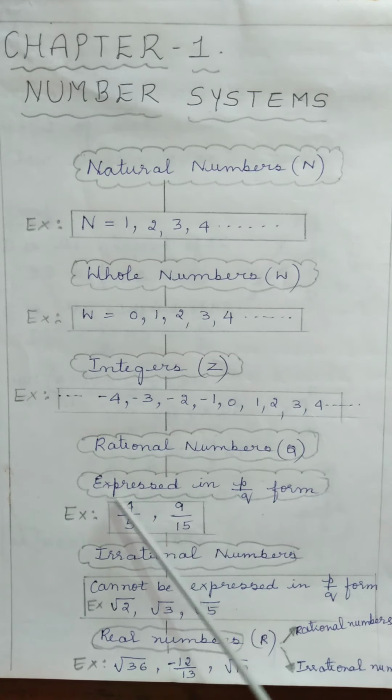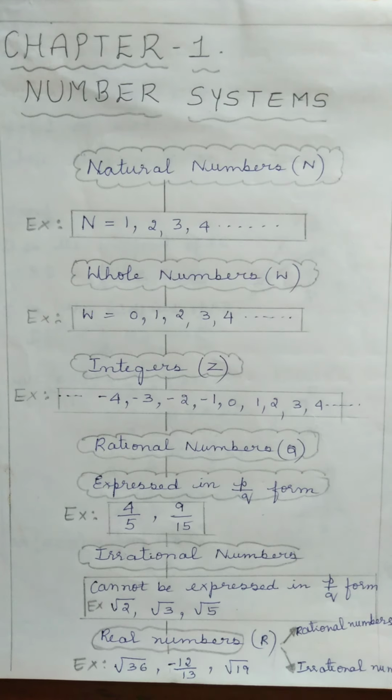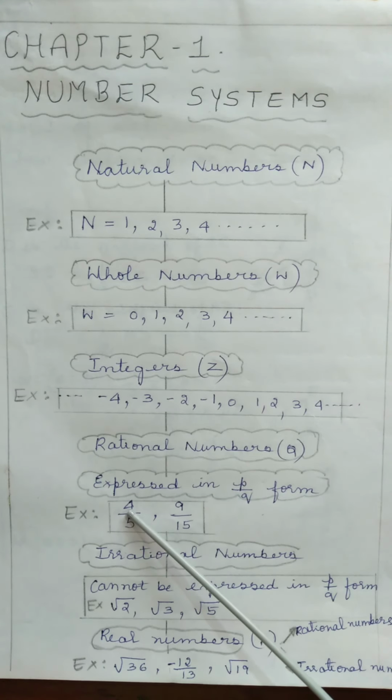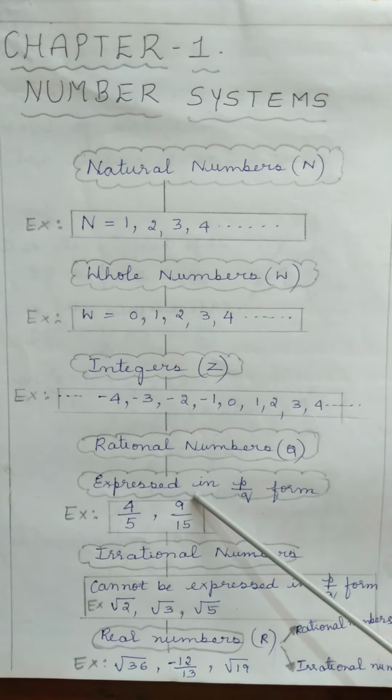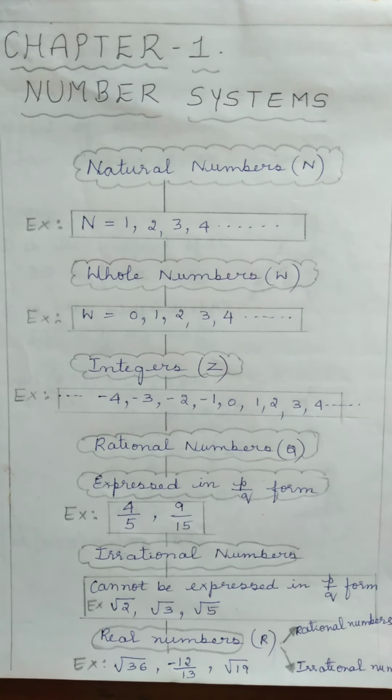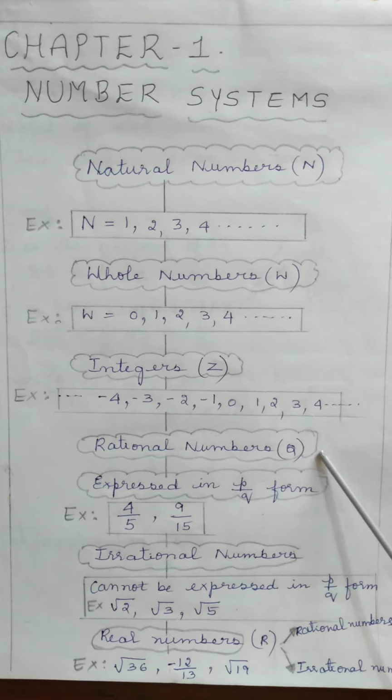These are expressed in the form p by q, in which the value of p is 4 and the value of q is 5, and here the value of p is 9 and q is 15, where both p and q are integers and q is not equal to 0. This is represented using the symbol Q. Therefore, rational numbers also include the natural numbers, whole numbers and integers.